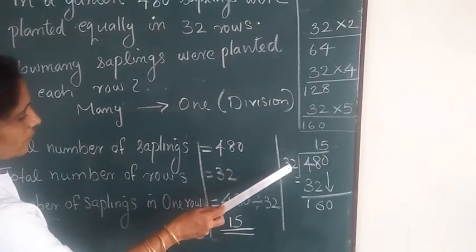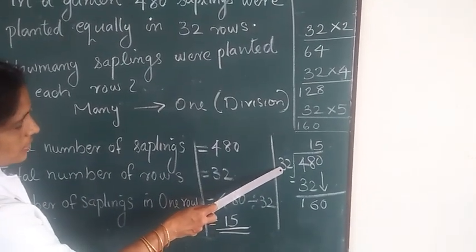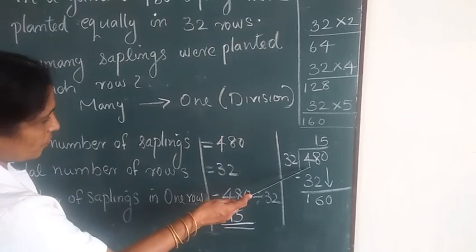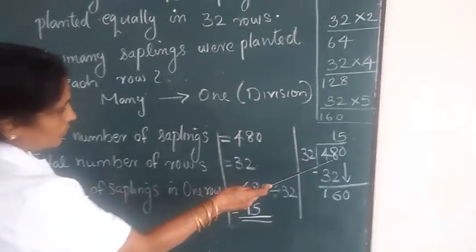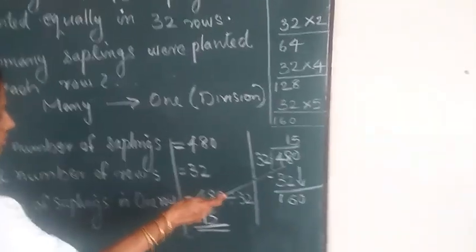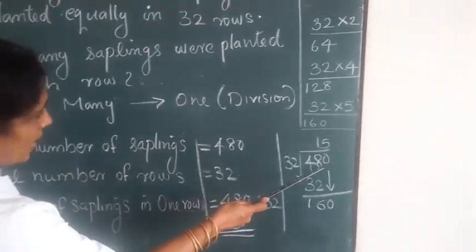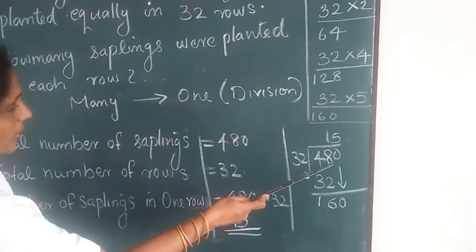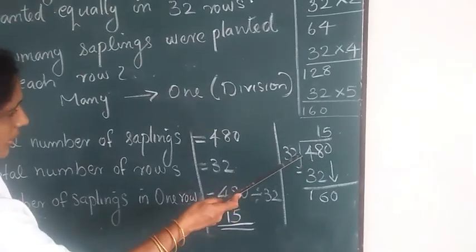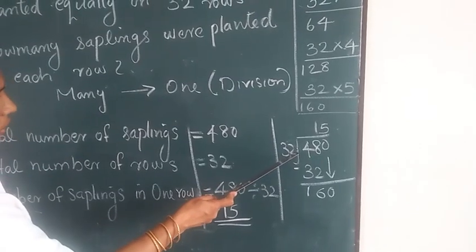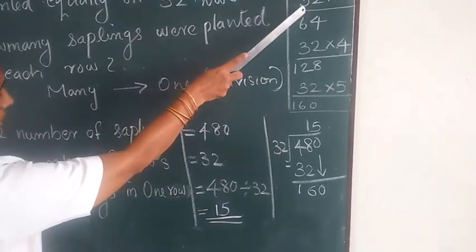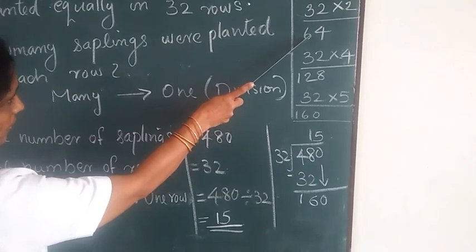480 divided by 32. We write like this. First digit 4. 4 is less than 32. So we will take the next digit and together we make the number 48. 32 out of 48, how many times? 32 into 2 is 64.